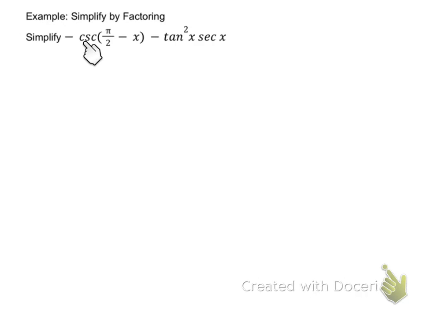Sine and cosine are cofunctions. Secant and cosecant are cofunctions. Tangent and cotangent are cofunctions. So guess what? The cofunction to cosecant of this is just secant of x. And it's still negative. Minus tangent squared x secant x.